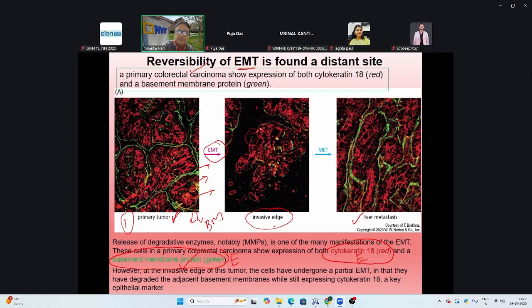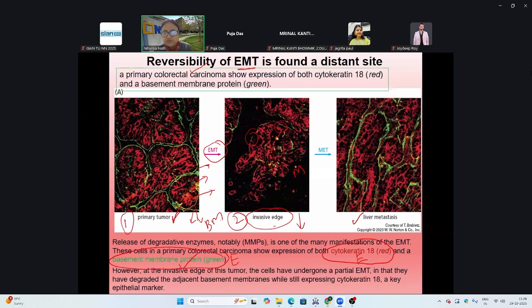Okay, a little bit of green. The basement membrane has been broken down on the edge of that tumor, and cytokeratin is not so much. In number one, cytokeratin is a lot of red, but in number two the red is decreased, cytokeratin is decreased, and this indirectly means that this is a mesenchymal transition.